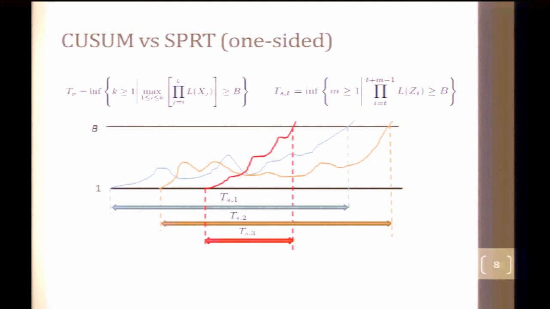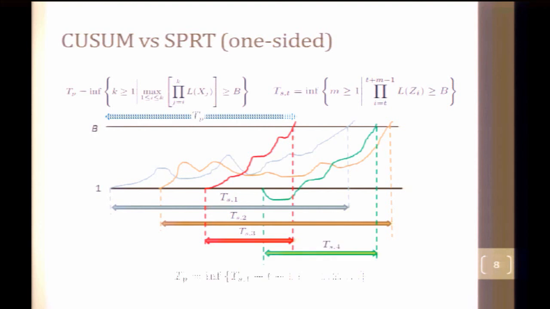As long as one of them crosses the upper threshold, we stop. So Q-sum is the one in which, as long as one of the SPRTs exits from the upper boundary, we stop. So T is the first SPRT that goes up to the threshold. This will be useful in the later analysis. This is the case in which we try to minimize the worst case detection delay.